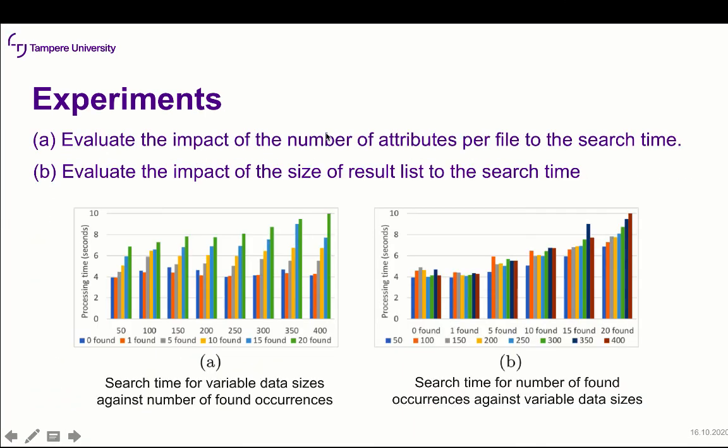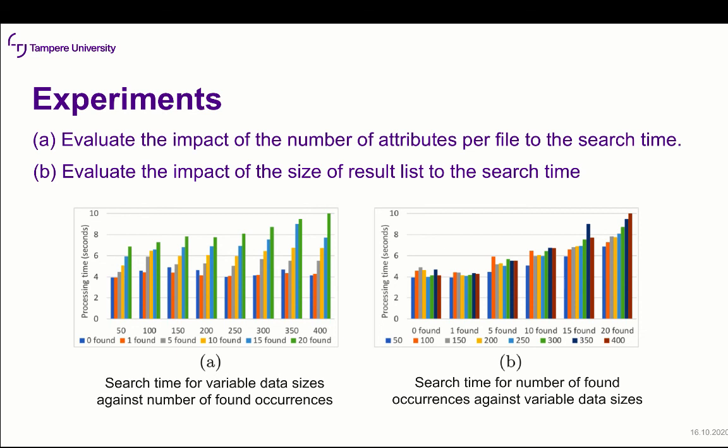So in the experiment, we aim to firstly evaluate the impact of the number of attributes verified on the search time, and then evaluate the impact of the size of the result list on the search time. The search time in these scenarios is a sum of processing times at the user side, at the server side, and the communication time. We can see in the figure that when the number of attributes verified increases, the search time increases.